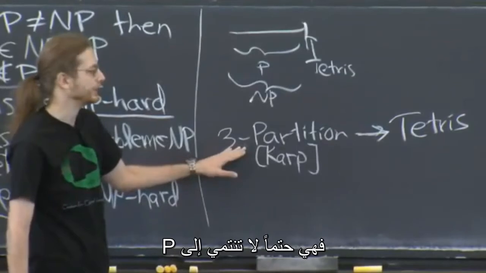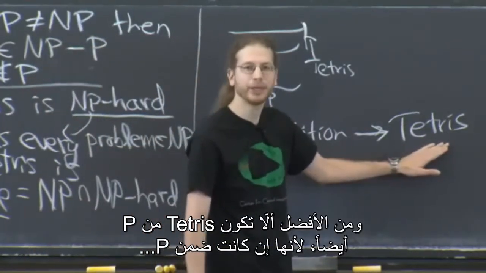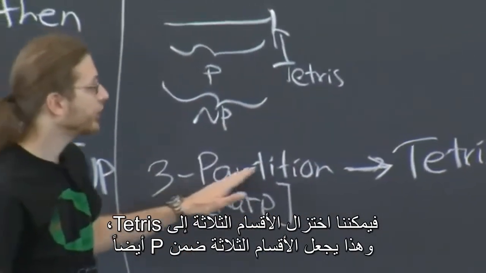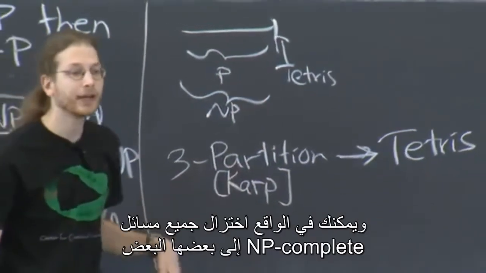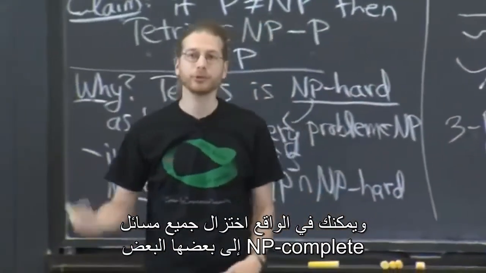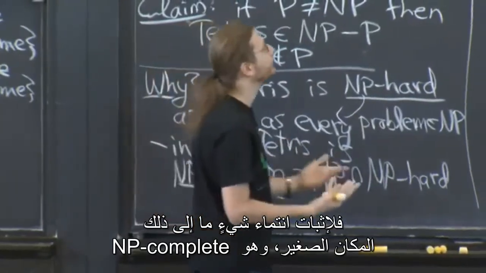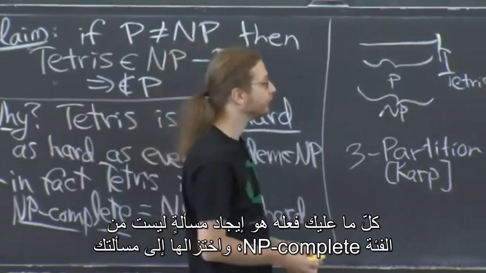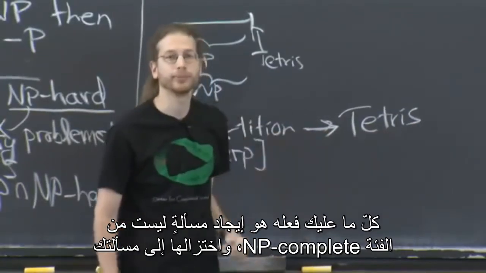Pretty sure it's not in P. And so Tetris better not be in P either, because if Tetris were in P, then we could just take our 3 partition, reduce it to Tetris, and then 3 partition would be in P. In fact, all of the NP-complete problems you can reduce to each other. And so to show that something is NP-complete, all you need to do is find some known NP-complete problem and reduce it to your problem.